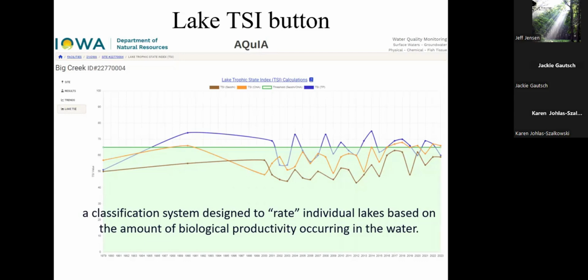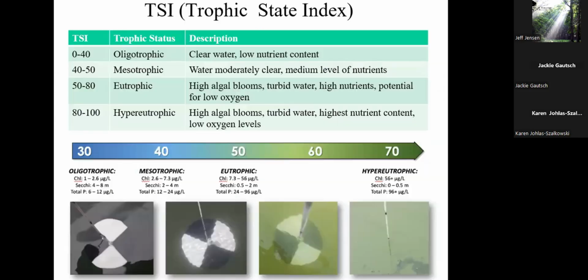You can look at Secchi, you can look at chlorophyll A, and then you can look at both Secchi and chlorophyll A, or you can look at total phosphorus. And so this just kind of shows you those 3 different ways, and then the average looking at the different levels of TSI. So you can kind of just look and see, where does this lake rank? And you can do this for multiple lakes and kind of compare and contrast the different lake TSI levels.